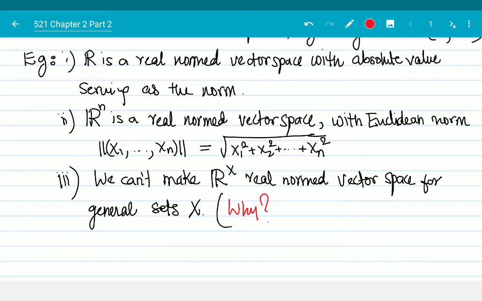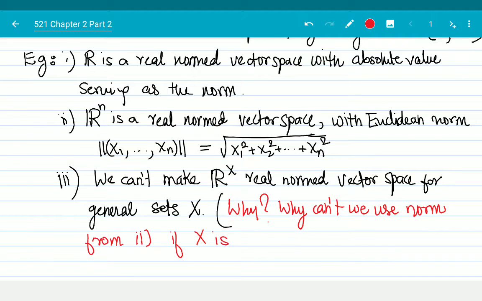I will give you a hint. Why can't we use the norm from R^n if X is an infinite set?